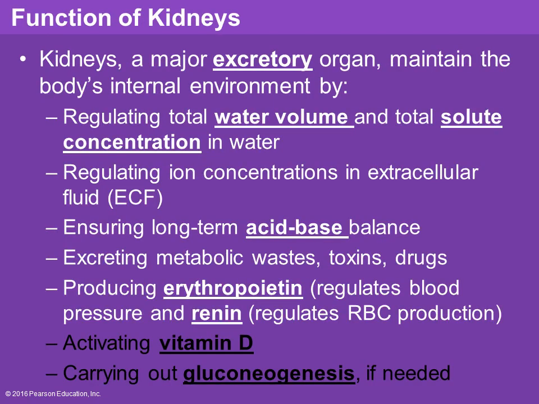The kidneys are the major organ of the urinary system. They have a lot of different functions. They help to regulate the volume of water and the concentration of solutes that's present in the blood. This is also going to play a role with the acid-base balance of the blood.